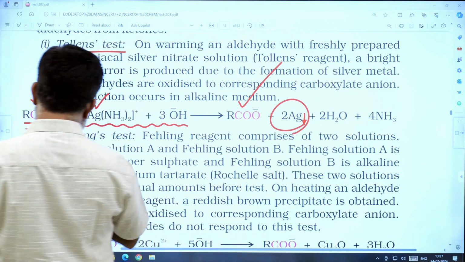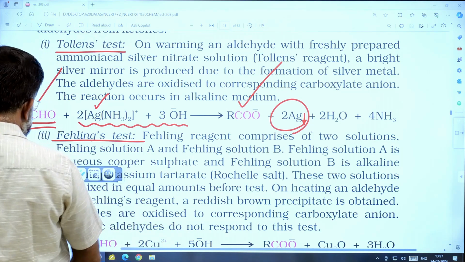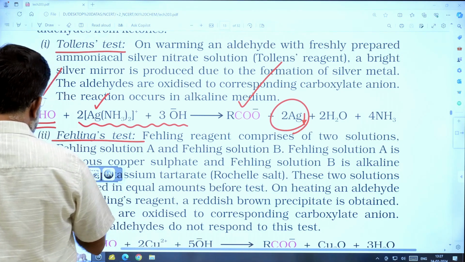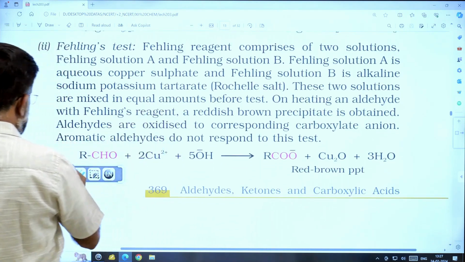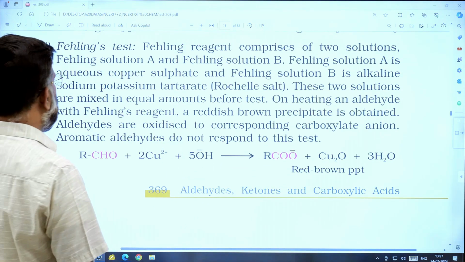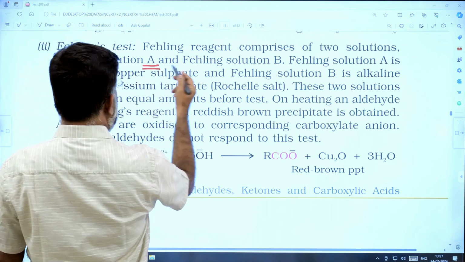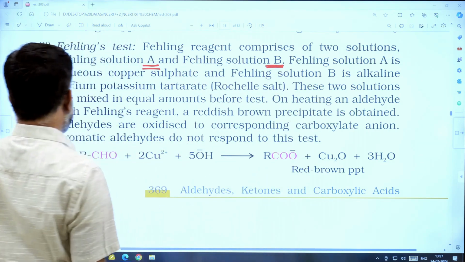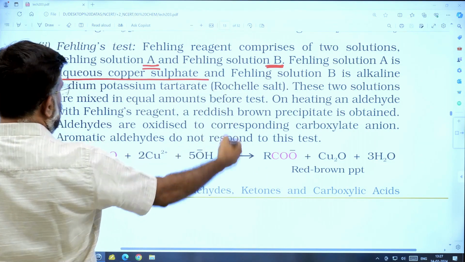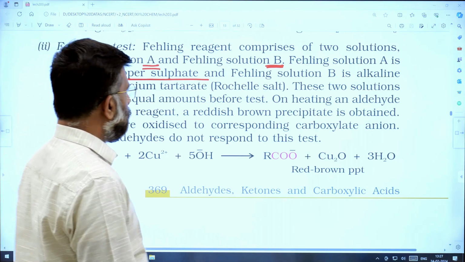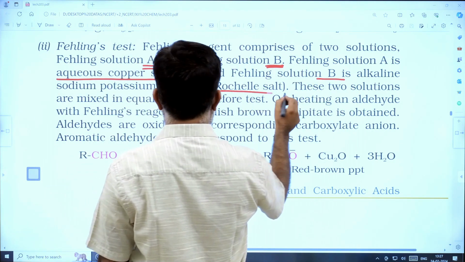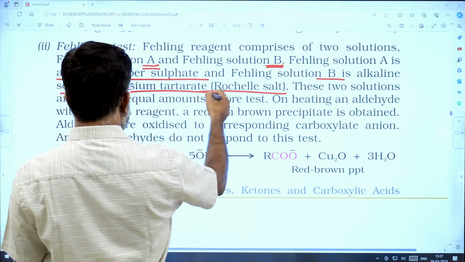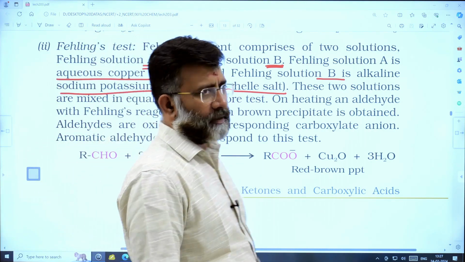We have Felling's test, which uses Felling's solution. Felling's solution is made of solution A and solution B. Solution A is aqueous copper sulfate solution, and solution B is Rochelle salt solution, that is sodium potassium tartarate.